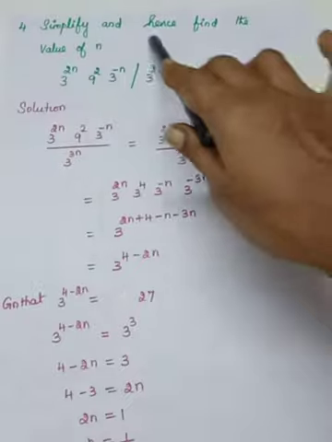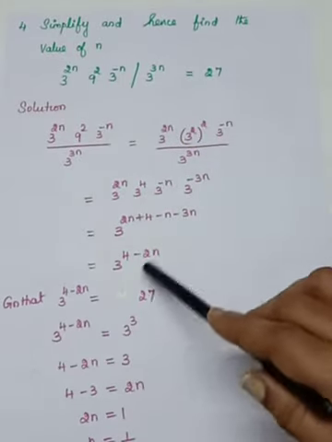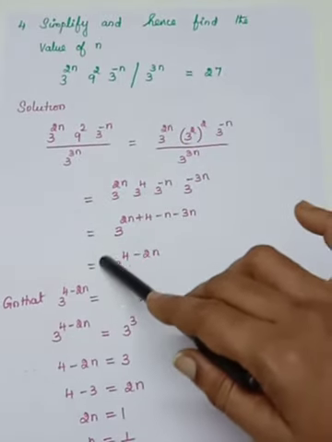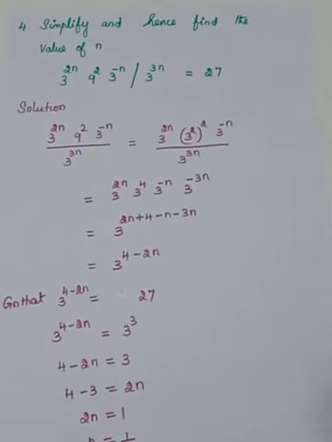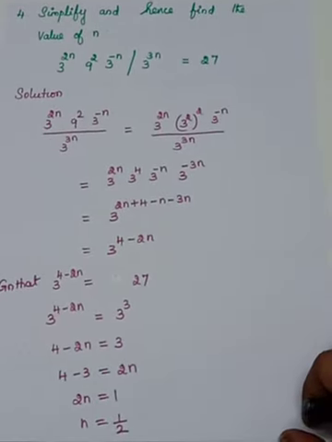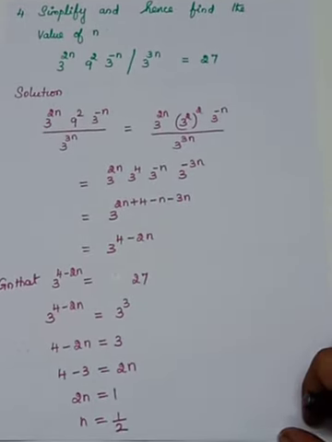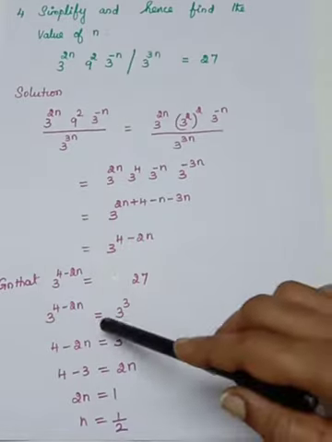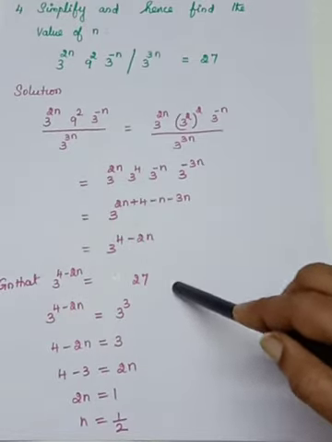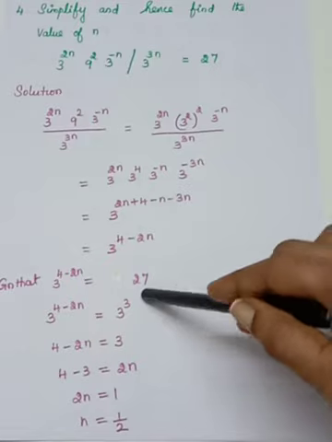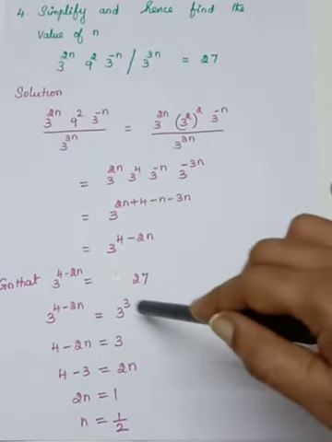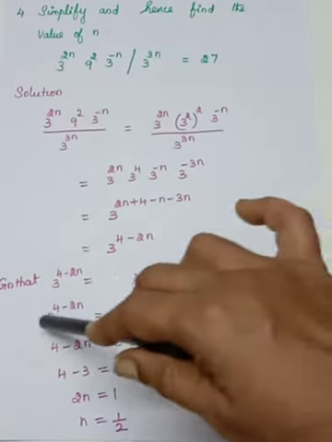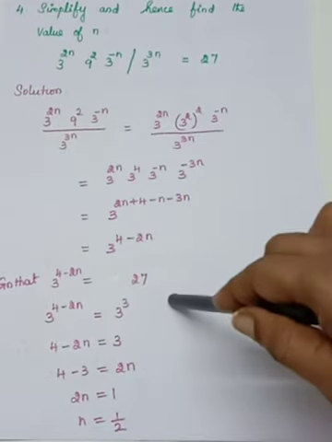What is given is that the left hand side is equal to 27. So this 3 power 4 minus 2n is equal to 27. See the next one, 3 power 4 minus 2n is equal to 27. How can you write it? It is 3 cube. Okay, so in both the sides the bases are same, so we have to equate the powers.